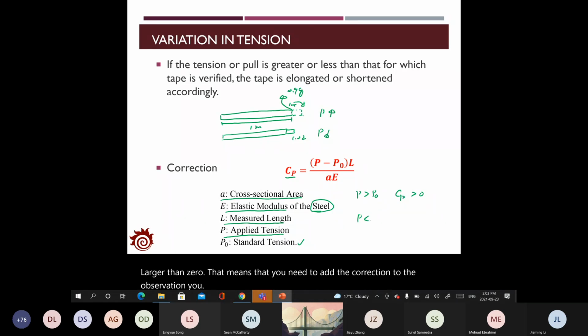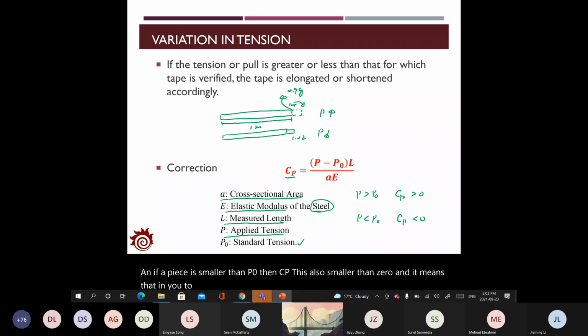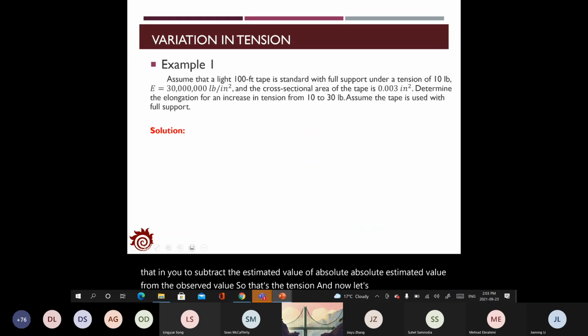And if P is smaller than P0, then Cp is also smaller than 0, and it means that you need to subtract the absolute estimated value from the observed value. So that's the tension. Now let's see one example to check how we can use this equation to do the calibration, to estimate the true distance measured by the tape.